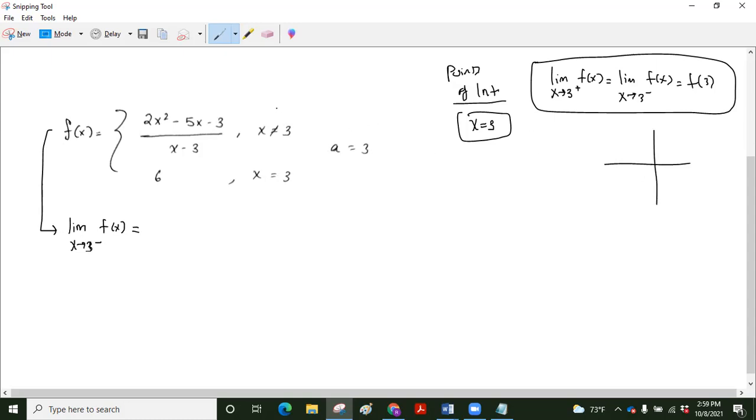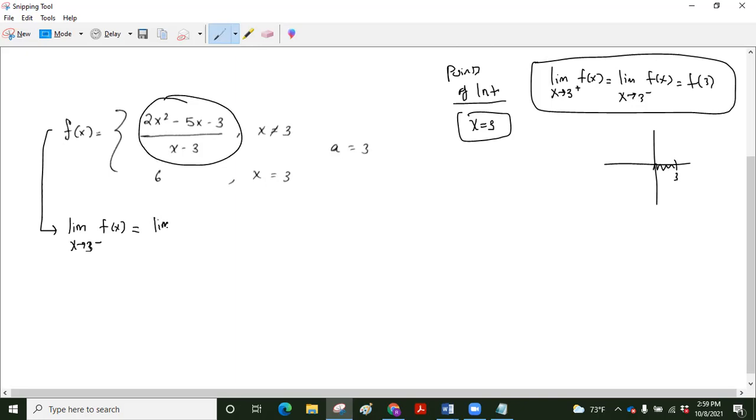We don't have an option to go less than 3, but we know that if we're coming from the left, all those values are not 3. They're also less than 3, but this particular question does not allow us to check that. But we know that we can use this function here.